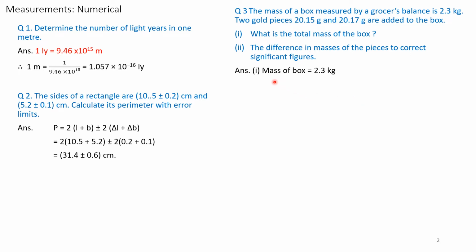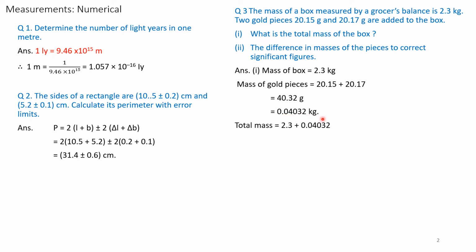Answer. First we will take mass of the box given, it is 2.3 kg. Therefore, mass of gold pieces is also given, 20.15 gram plus 20.17 gram, that is equal to 40.32 grams. Converting into kg, we have to divide it by 1000. That becomes 0.04032 kg.